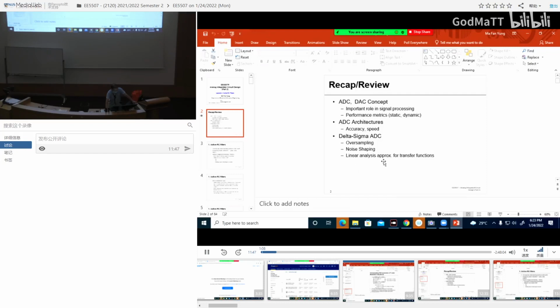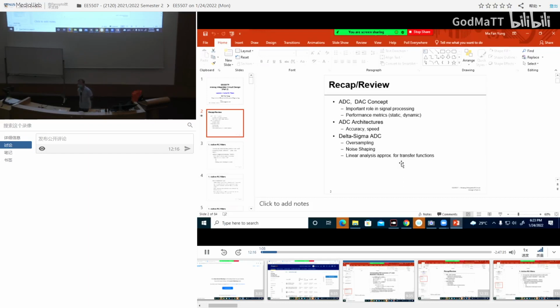And we basically use a linear analysis approximation for the transfer function. Okay? Why is it only an approximation? You know, when we do the algebra, Y equals X z^-1 plus the filter function, and then E is the quantization noise. So why is it only an approximation?